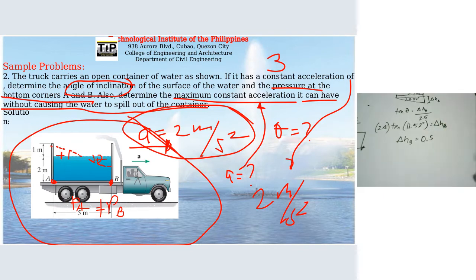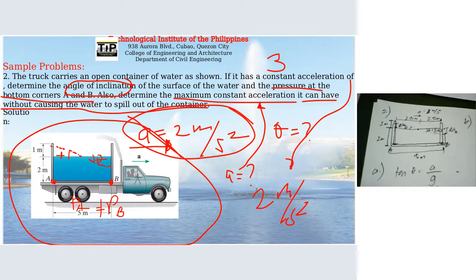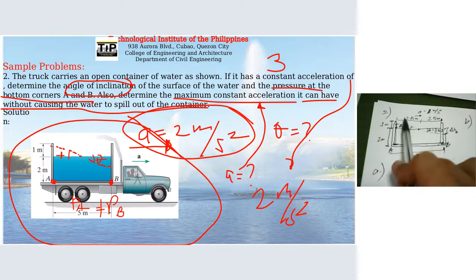Sulat natin in 4 decimal places. 0.5095 meter. So sa delta H sub A, same lang din. Kasi 2.5 din yung adjacent side.